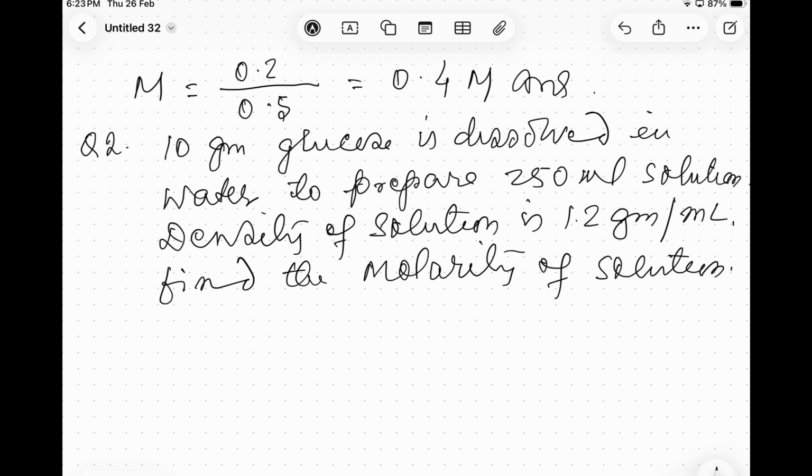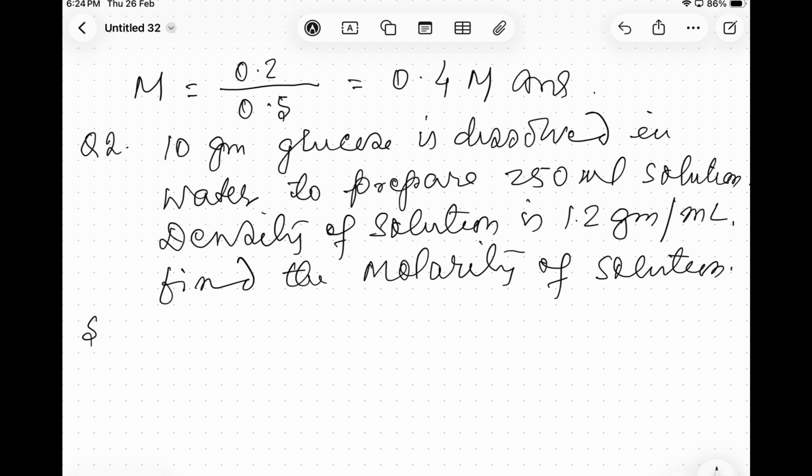Here in this case, density is used as extra information. In JEE, sometimes extra data is given to confuse you.